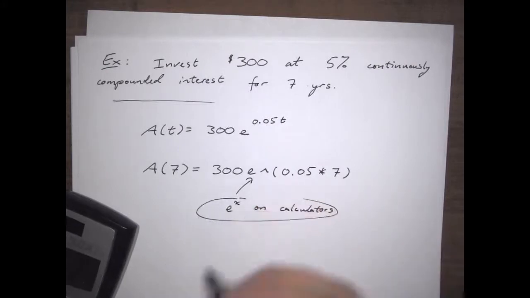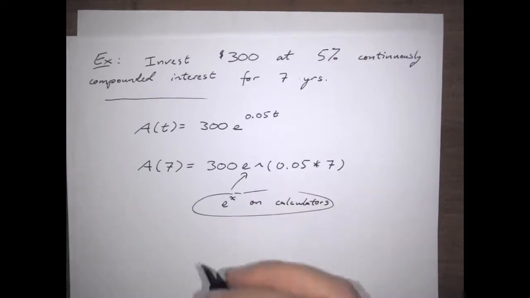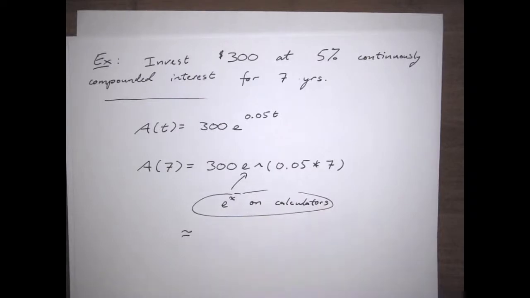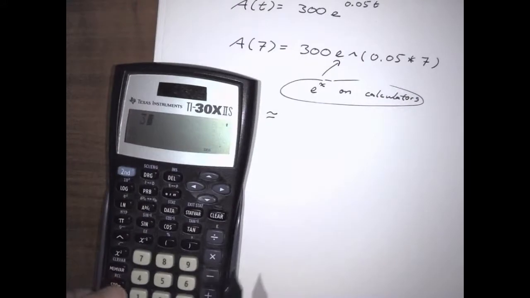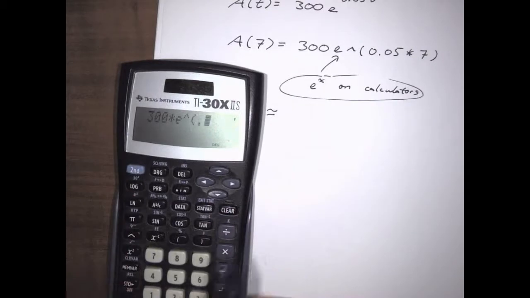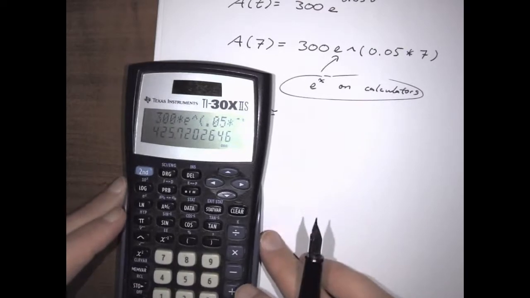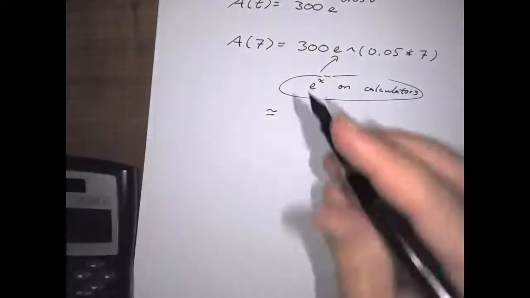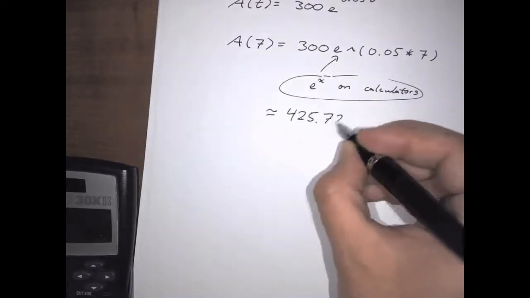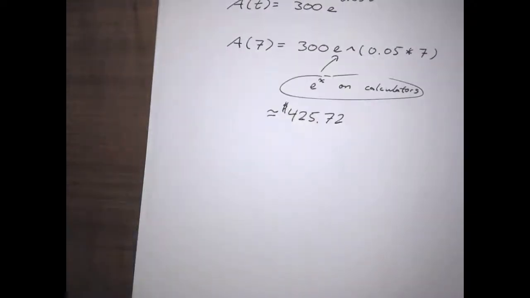And on Desmos, you can just use the letter E, and it also works. So the way we would enter something like this into a calculator would be 300 times e to the power of 0.05 times 7, and you hit enter, and you'd have 425.72. And this was money, so it should be dollars.